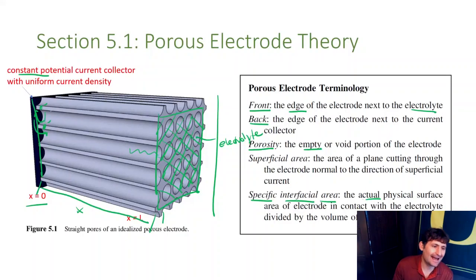So if we think about adding up all the internal area, integrating all that internal area and then dividing by the volume of the total electrode, that's going to give us the specific interfacial area. We'll talk about these more, but you may need to go back to these definitions in order to understand the following equations.